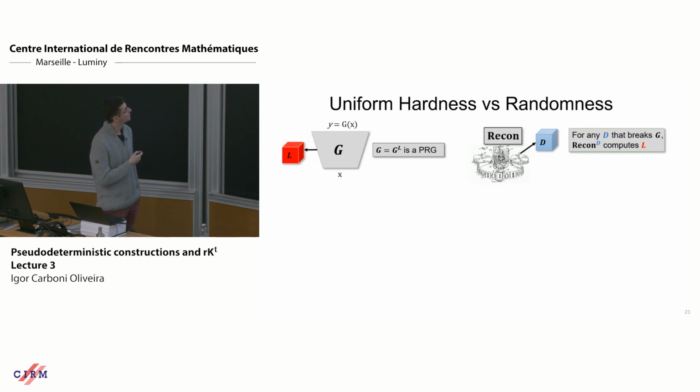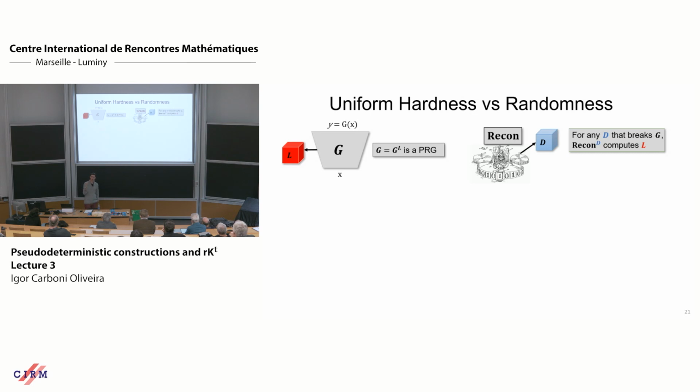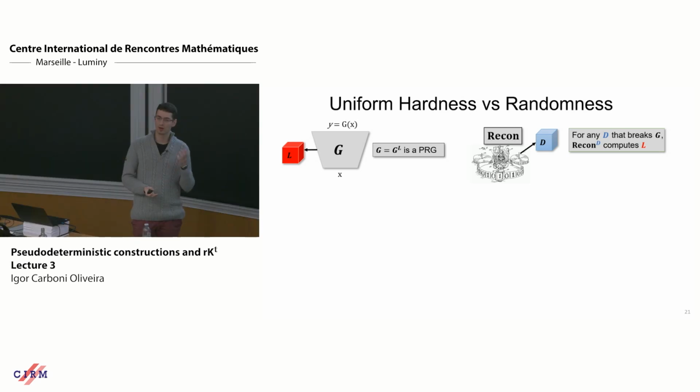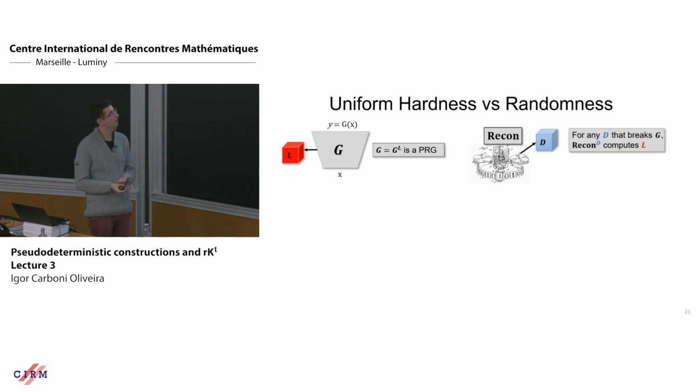And as part of the proof of most of these generators, it would establish the following result. If L is a hard problem in some sense, then the generator is pseudo-random against some class of tests. So from hardness, you get pseudo-randomness. And the way you establish these results is via a reduction, okay?